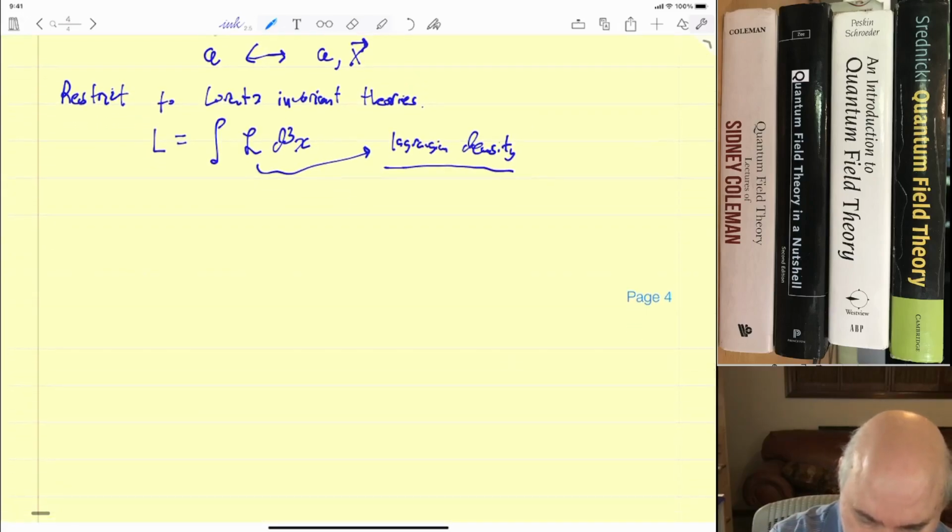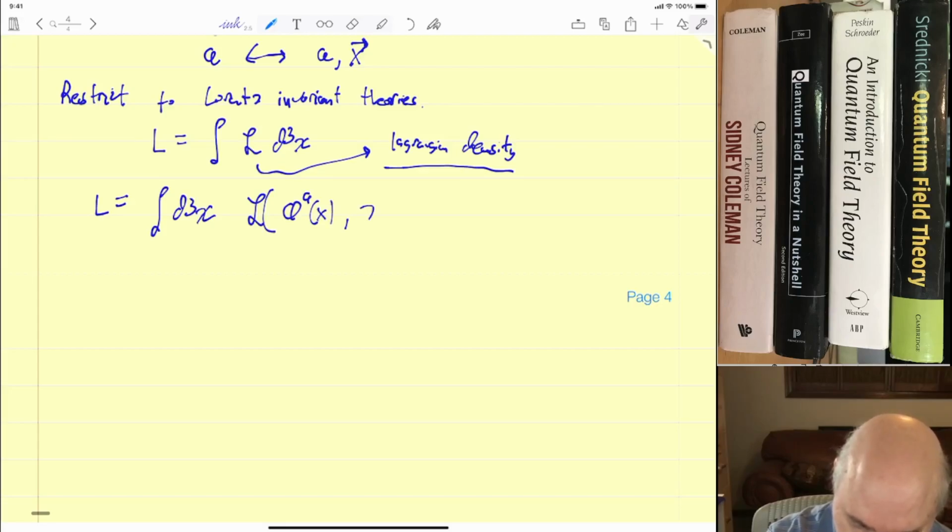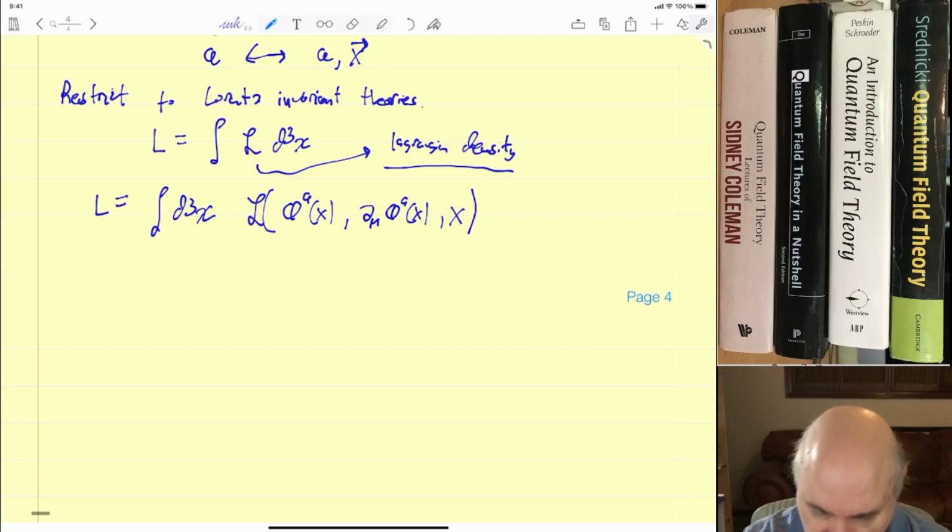So L is equal to the integral d^3x of the Lagrangian density. It's a function of the fields, a function of the derivatives of the fields, and sometimes a function of space-time itself. We tend not to use that much, but sometimes we'll have external fields and then we'll use it.